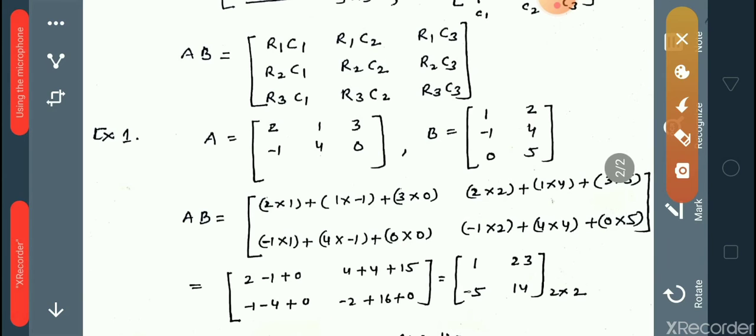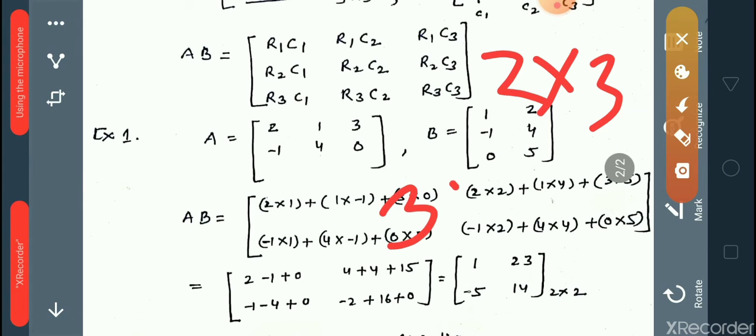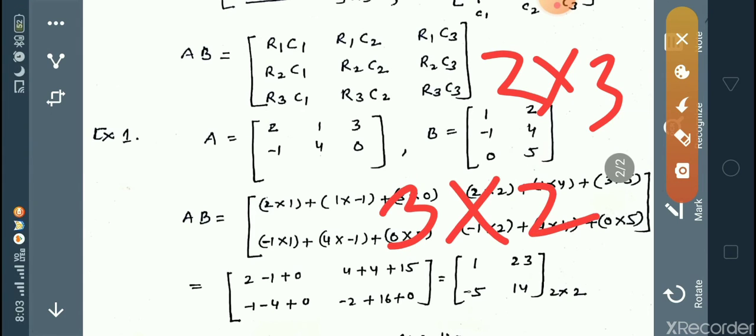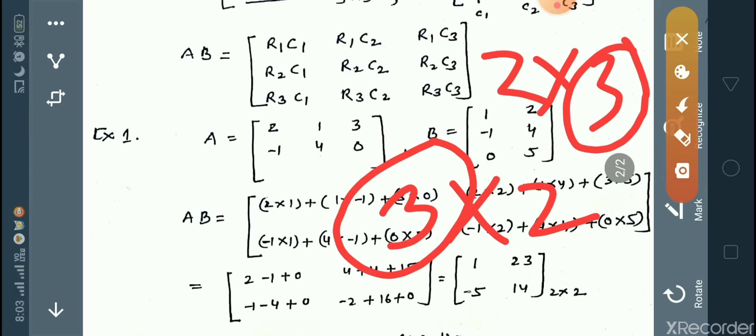For the product AB, the number of columns of A and the number of rows of B must be equal, which is satisfied here. So I think the product will be possible here, and the resulting matrix will have order 2 cross 2.